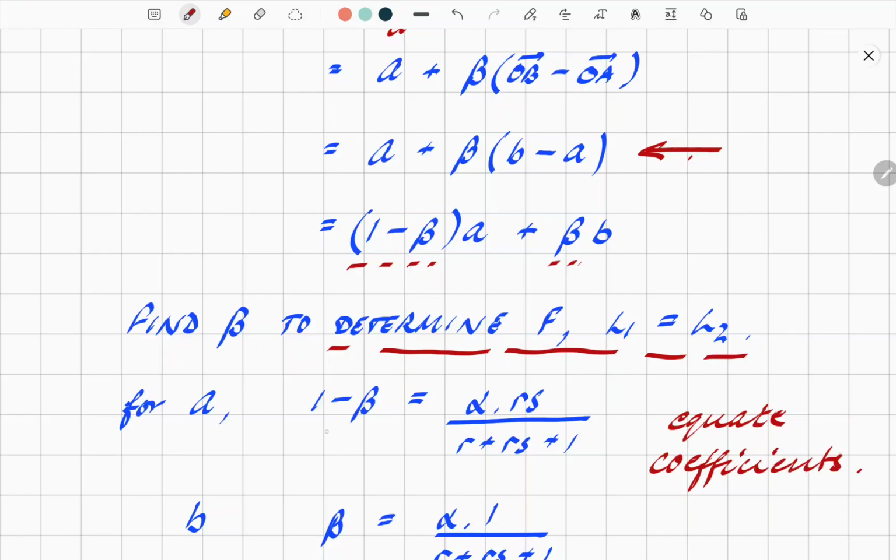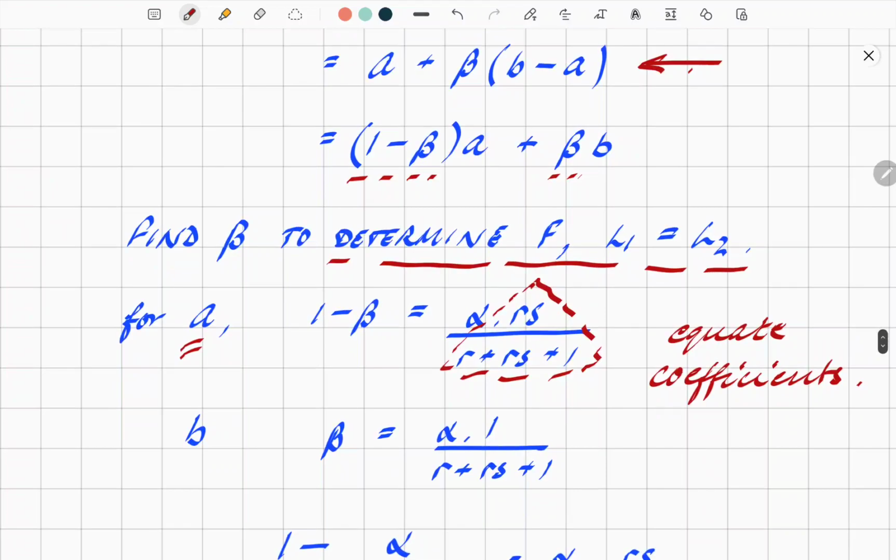Again, so 1 minus beta, for the A components, 1 minus beta equals alpha times RS over R plus RS plus 1, which is from the original equation we were given, all right? And similarly, for the B component, beta equals alpha times 1 over R plus RS plus 1.